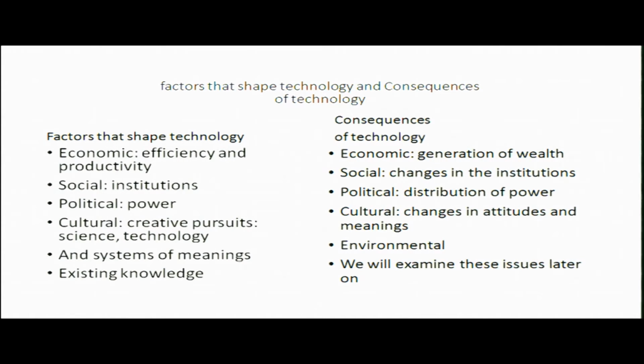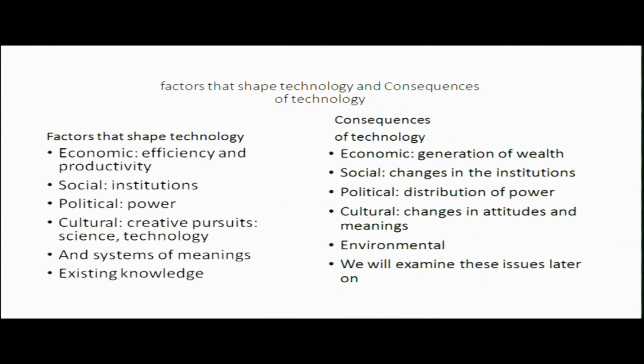Then political institutions also sometimes create conditions for the emergence of new technologies. One is power, because politics has got to do with distribution of power. And if you look at most of the military technology, it's developed because of the need to establish a country's power over others, or to demonstrate the country's power over other countries' powers.